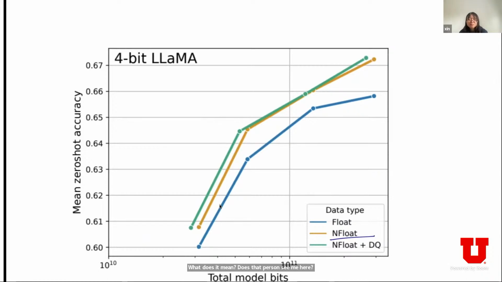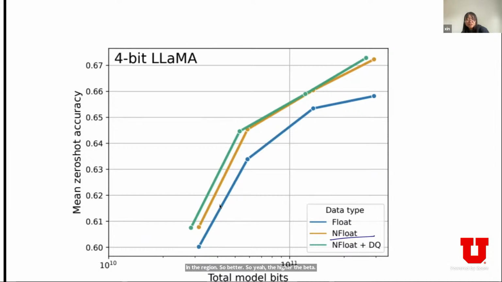For text generation, it can be viewed as a classification problem, right? So it measures accuracy in generating, the higher the better.